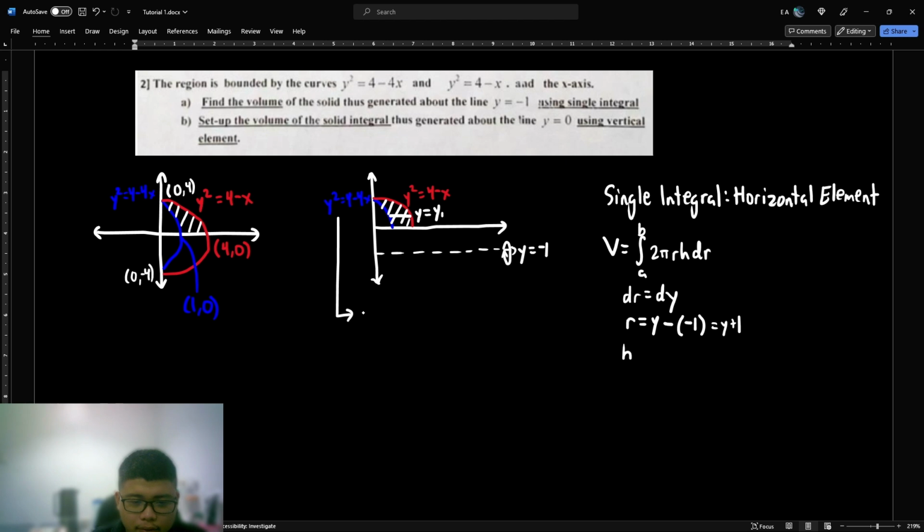Okay, so this is going to be y squared is equal to 4 minus 4x. Let's try to isolate x. So this is going to be 4 minus y squared equals 4x. So x is equal to 1/4 times 4 minus y squared.